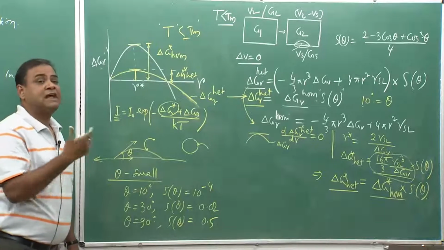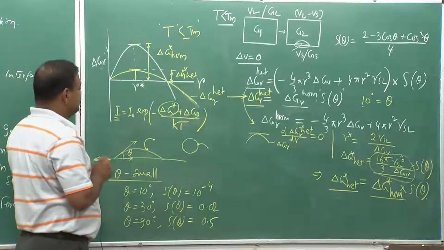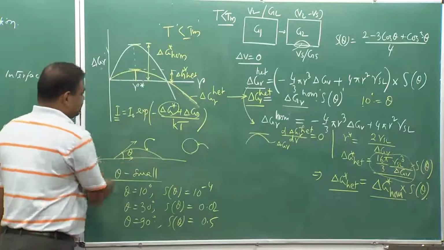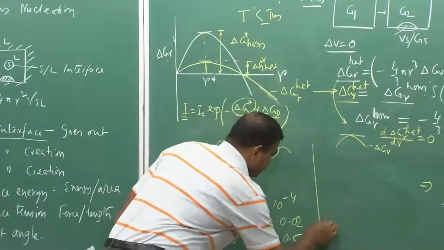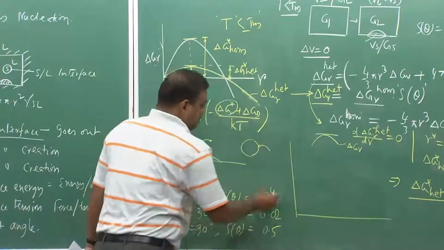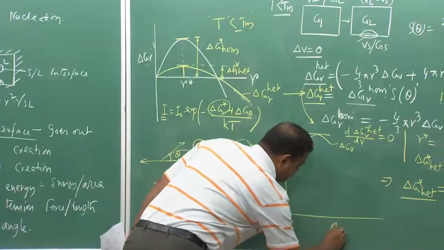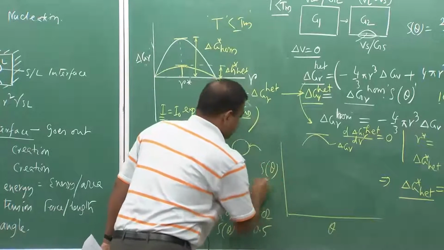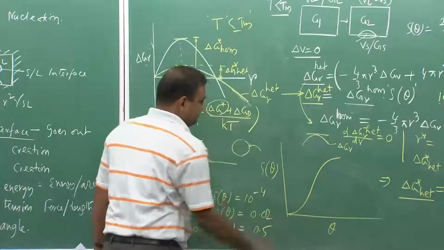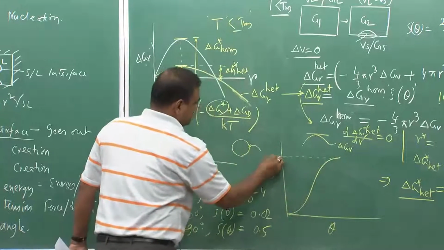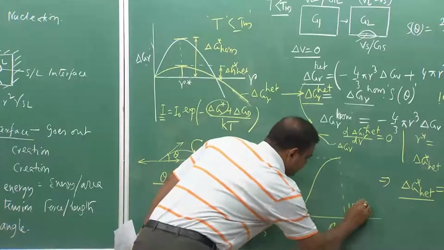activated surface means it will help heterogeneous nucleation. So, if I try to see the effect of this surface, we can have a plot where S theta is plotted as a function of theta. You will see that the plot would be like this, and this is 1, and this is 180 degree.